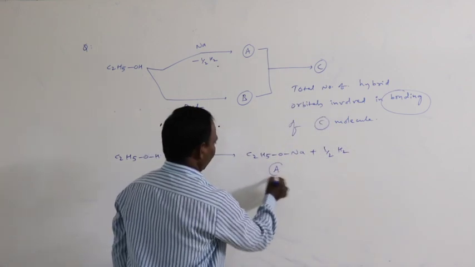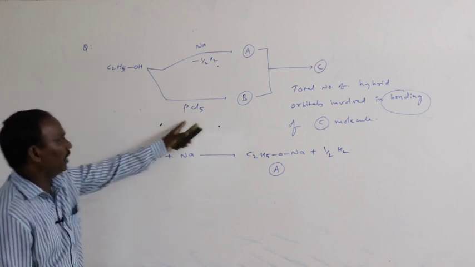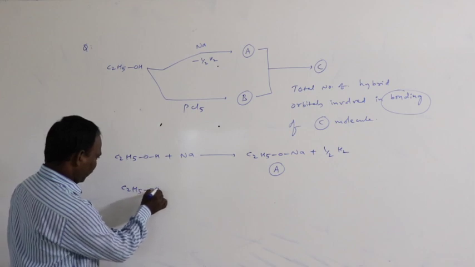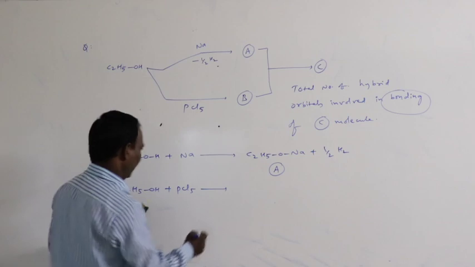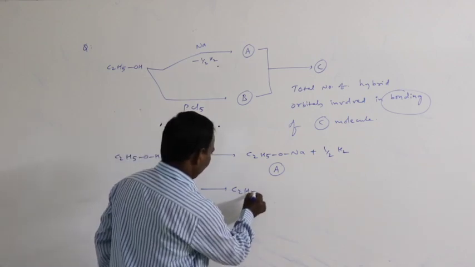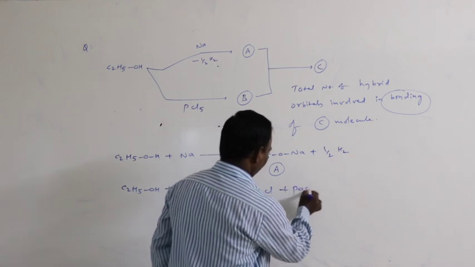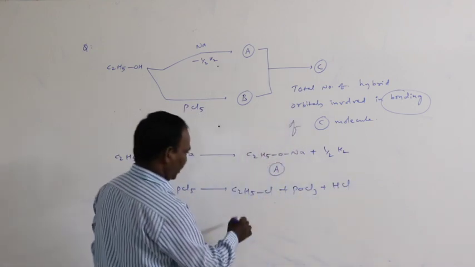This is A, sodium ethoxide. Next, ethyl alcohol with PCl5, C2H5OH plus PCl5 gives rise to ethyl chloride C2H5Cl plus phosphonyl chloride POCl3 plus HCl.